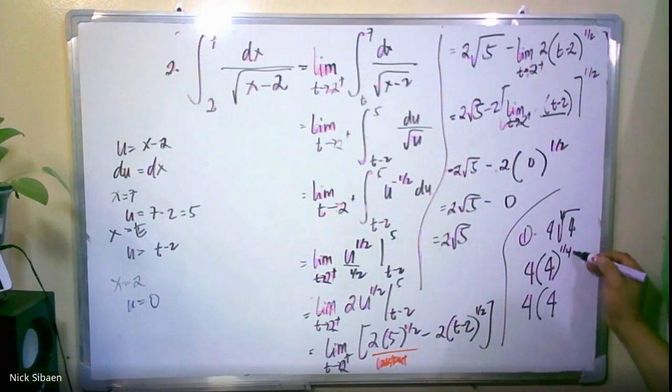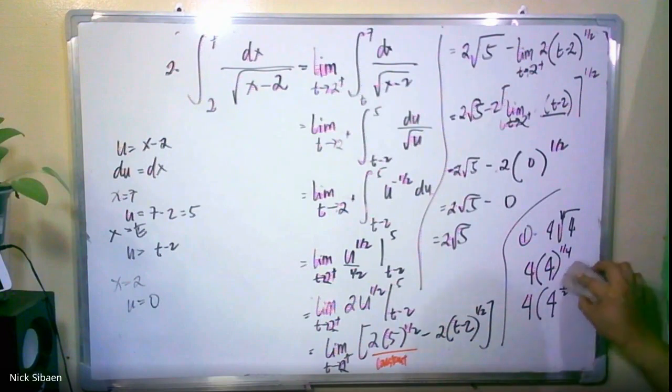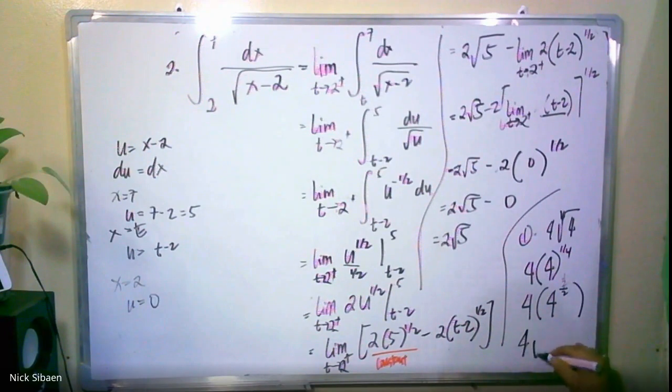Kasi pag gusto natin gawing 2 yan, ano kaya? 1/2/2, di ba? Is 1/4. So, parang square root of 4.